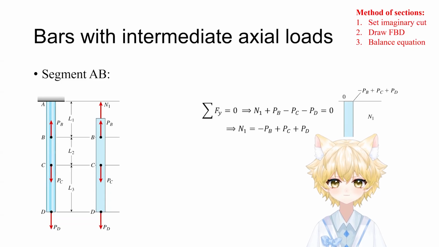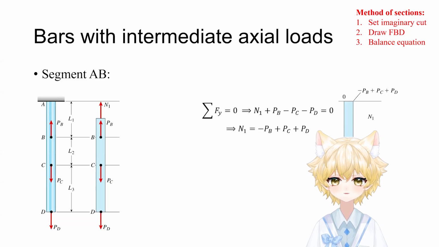The sum of forces in the y direction is 0, which is N1 plus PB minus PC minus PD equals 0. Remember, the equilibrium equation is always written in terms of the global coordinate, which is independent from tension or compression. It's actually in the XYZ coordinate.